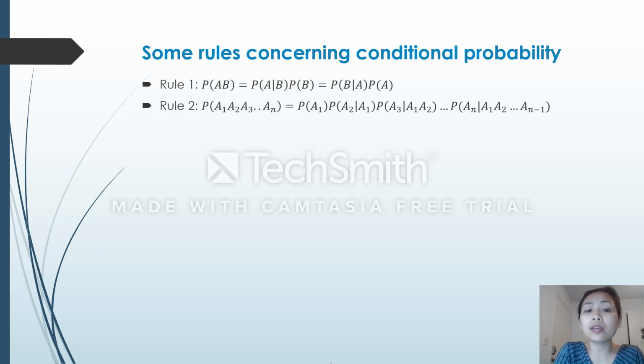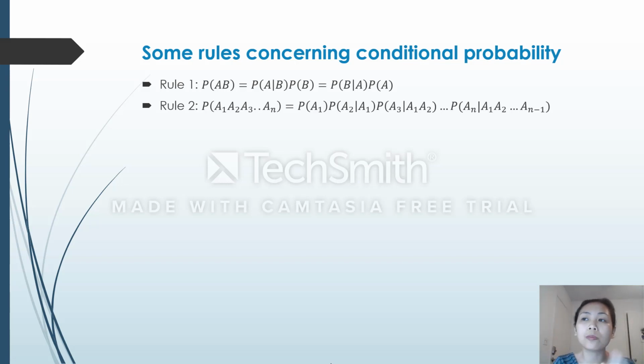So probability of A1, A2, A3, up to AN is probability of A1 times probability of A2 given that A1 has already occurred, times probability of A3 given that A1 and A2 have already occurred, times dot dot dot. So it's just like if you are choosing a number out of a group of numbers.